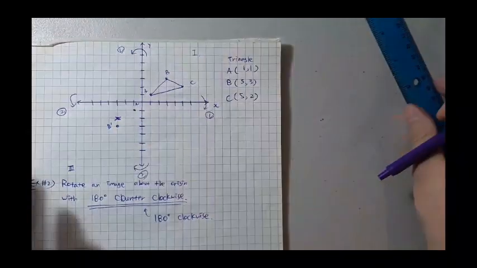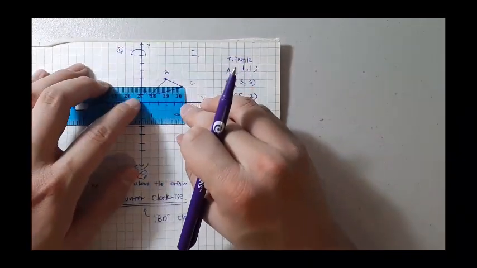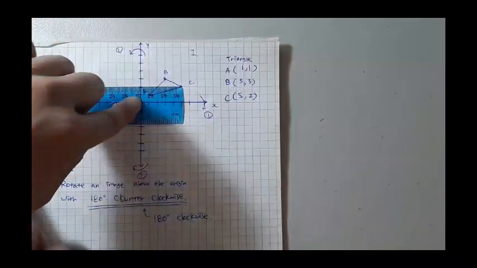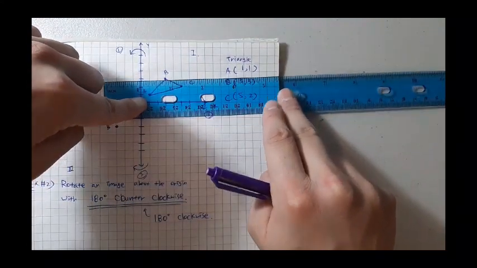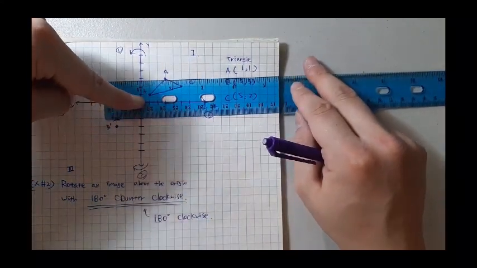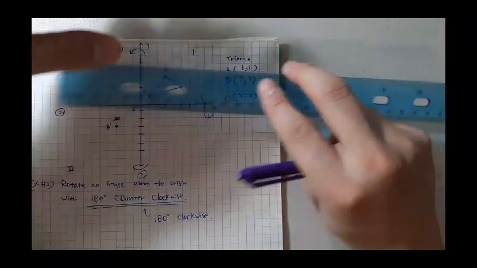Always double check, folks. And when it comes to our C, which is over here, I'm going to move once and twice, which I'm going to end up having -5 and -2.